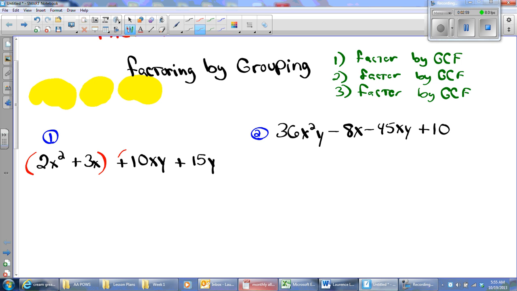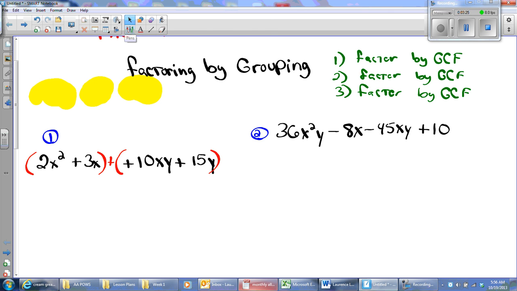When you group your second pair, always grab the sign. Always grab the sign. Notice that the sign moved with the 10xy. I took extra time to make that happen on purpose. Make sure you grab the sign, and then between the quantities, you have to put an addition sign. Otherwise, it becomes a multiplication problem, a FOIL problem, and we don't want that.